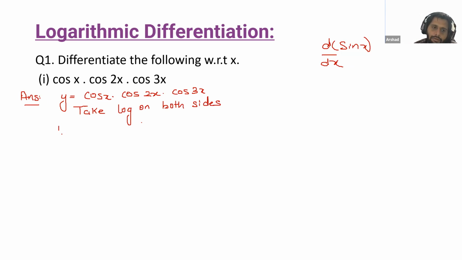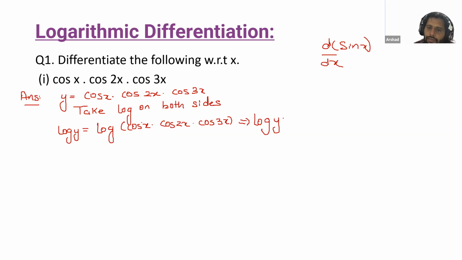So what you will get here: log y is equal to log of cos x into cos 2x into cos 3x. Abdur, will you please apply the property of log on the right side and tell me what answer we will get?